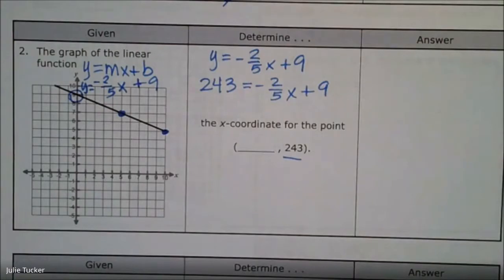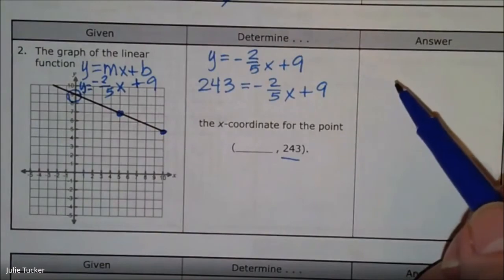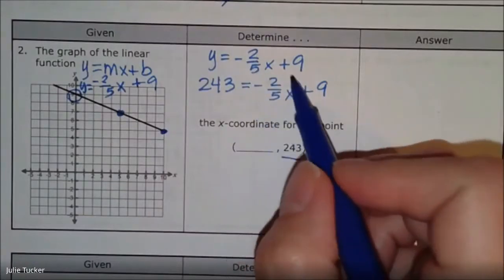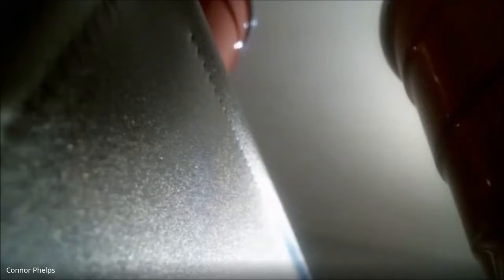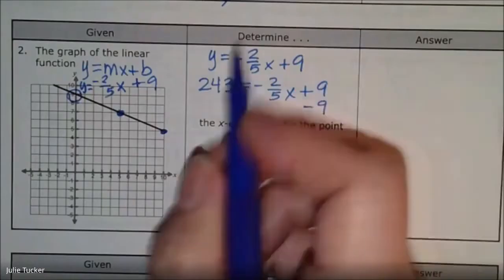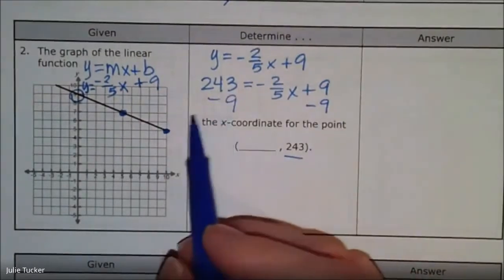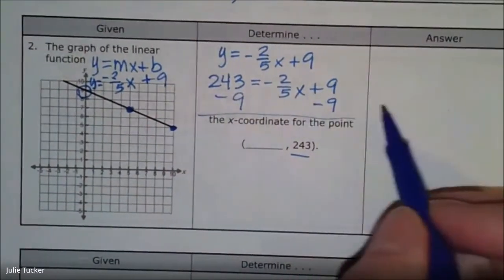So now I have to isolate the x term. So what do I do to get x isolated? Well, if I want this x to be by itself, I have to eliminate the 9. Now I'm going to write over here.